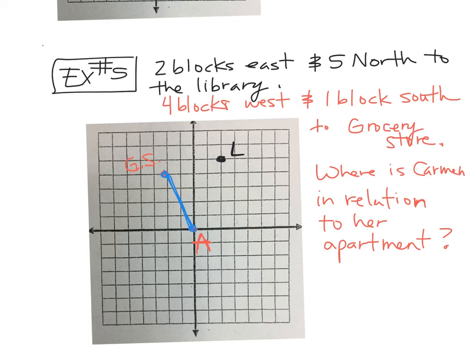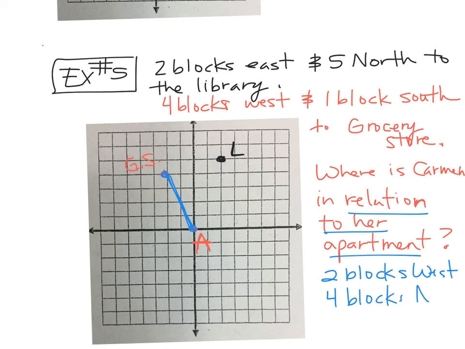From her apartment, she is 2 blocks west and 4 blocks north right now. So in relation to her apartment, that means you are starting at her apartment. Where is she? She is 2 blocks west and 4 blocks north. Okay? Questions on that?